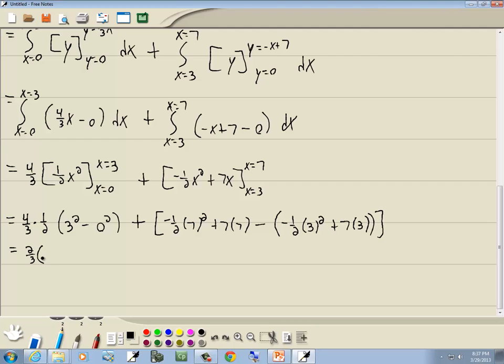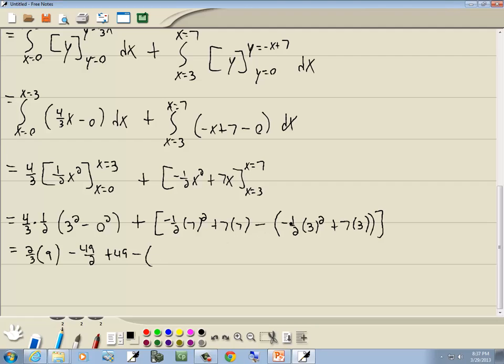2/3 times 3 squared, which is 9. And then we got 7 squared, which is 49, times negative 1/2. That gives us negative 49 halves. Plus 7 times 7, which is 49.